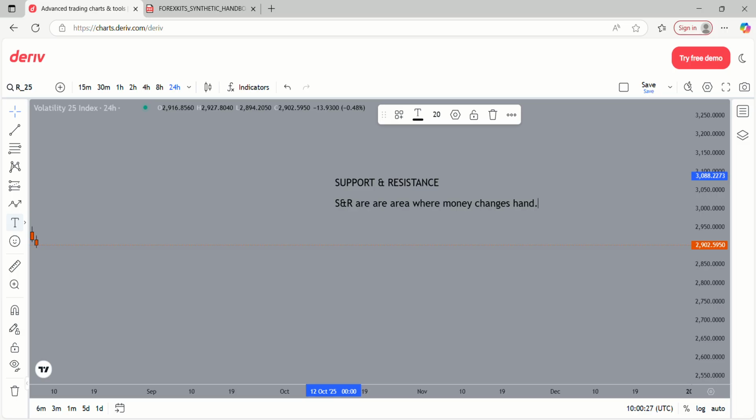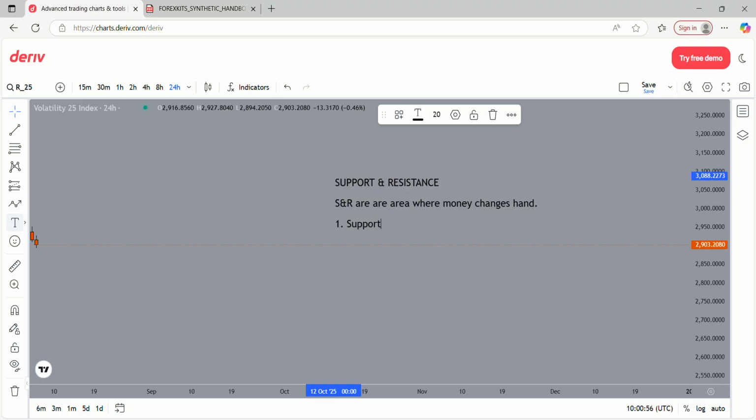So let's move on. I'll start with the first one, which is support, and I will explain better what support is. I'm going to be explaining with a diagram. Another word, I said a support level is the floor level.